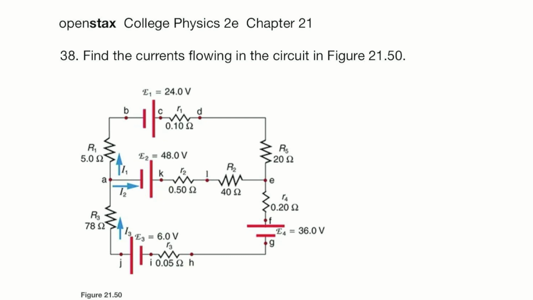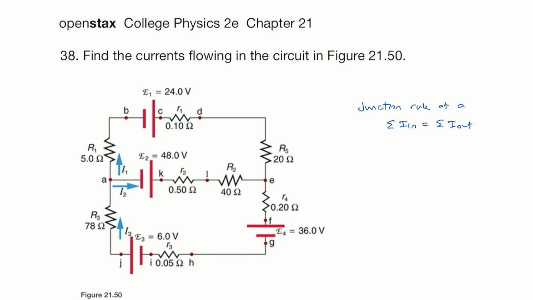Okay, so we are going to need at least three equations. We can look at junction A and apply the junction rule. The junction rule says the sum of the currents in is equal to the sum of the currents out.